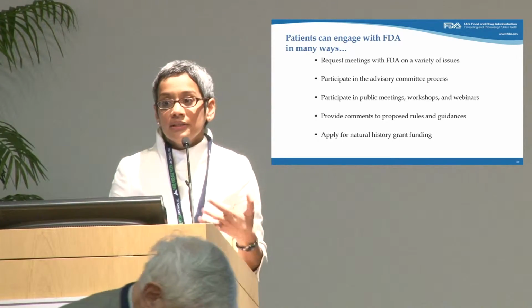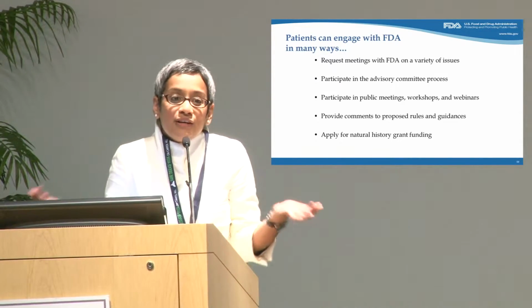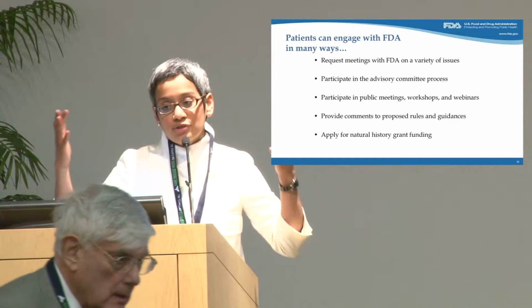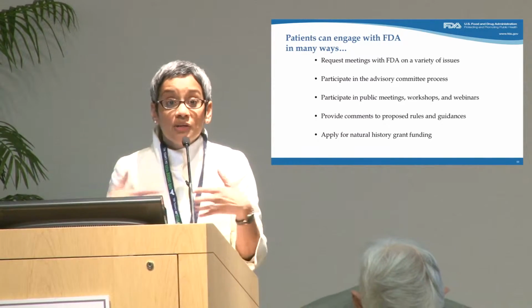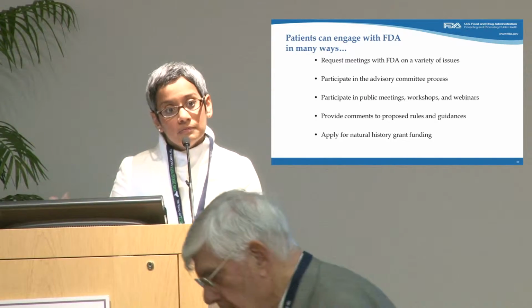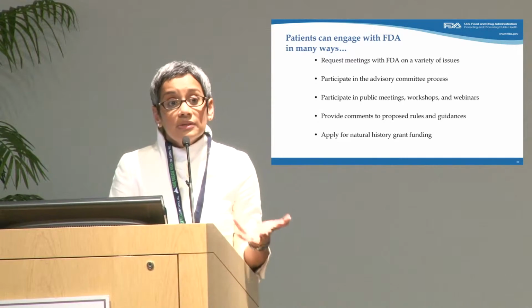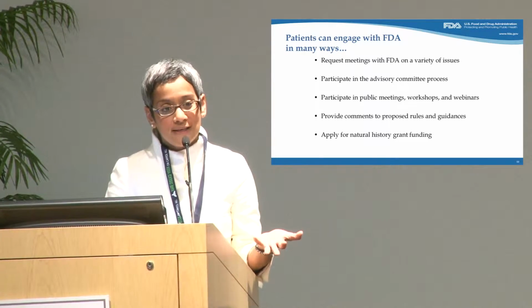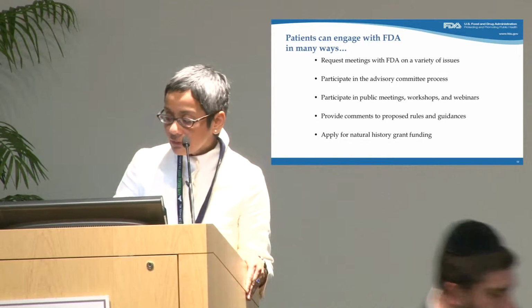So it's helpful to understand the boundaries that are non-starters for us, the boundaries we have to work within, and what we need in order to do our job to promote and protect the health. Our primary goal is to get safe and effective products out on the market. That's it. There's no other agenda here.